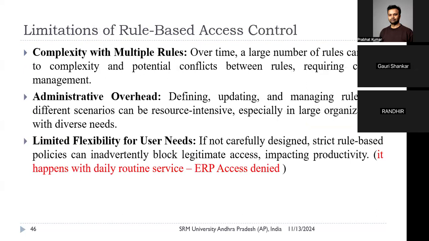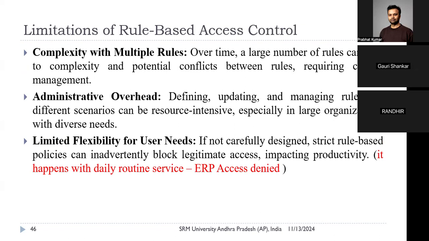Now the limitations: complexity, and multiple rules we are restricting. Managing these rules is complex. Again, for the admin, it is basically overhead, because in a large organization different rules are there, different attributes may be there for one resource, but it is not necessarily one resource we are managing in one organization.